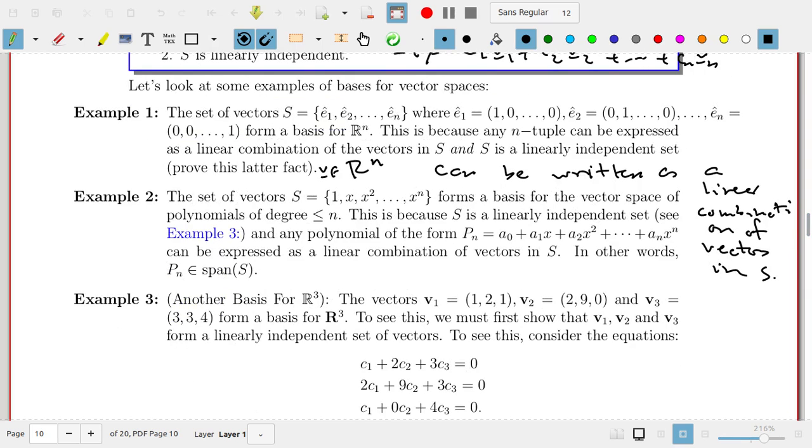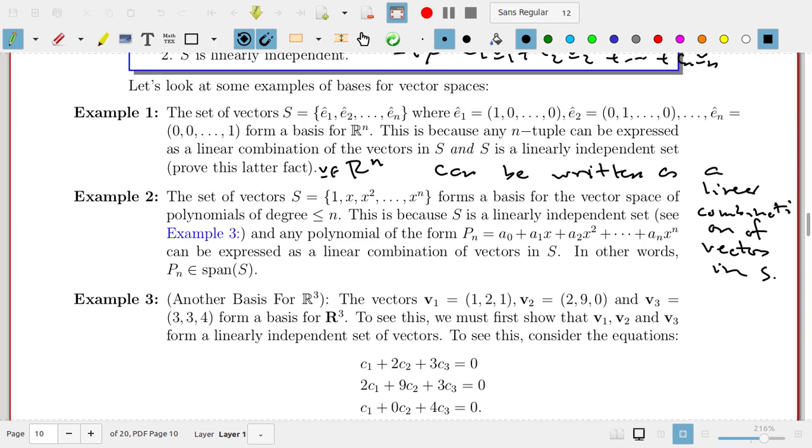A second example is that the set of vectors S, 1, x, x squared all the way to xn, forms a basis for the vector space of polynomials of degree less than or equal to n. Remember, the polynomials of degree exactly equal to n do not form a vector space. However, the polynomials of degree less than or equal to n do form a vector space.